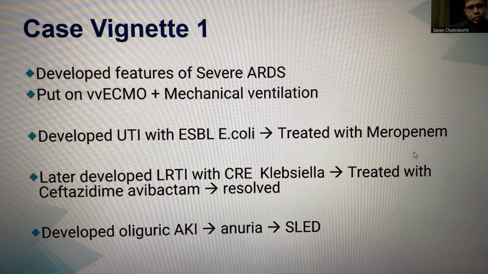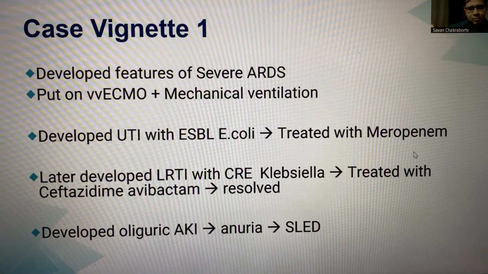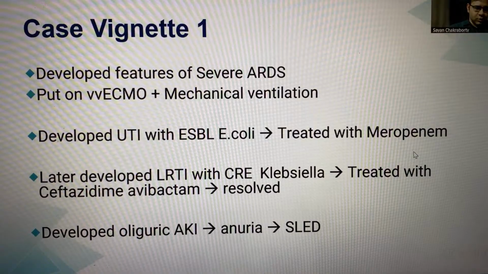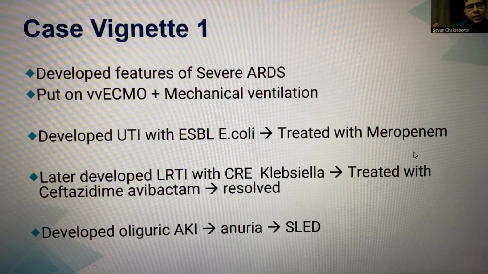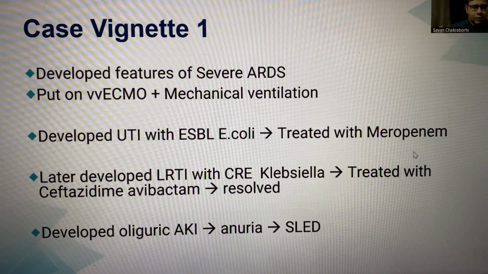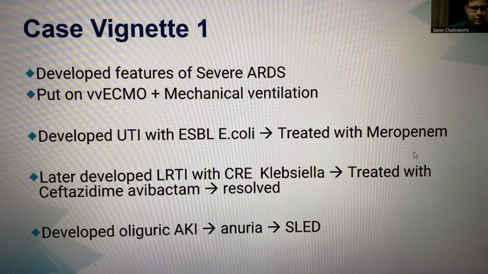The patient was still on ECMO, and while the patient is on ECMO, you know that there is increased volume of distribution. So the dosage of the antibiotics has to be according to the dosage requirement for ECMO. Later on, the patient developed oliguria, AKI, developed anuria, and was put on dialysis.